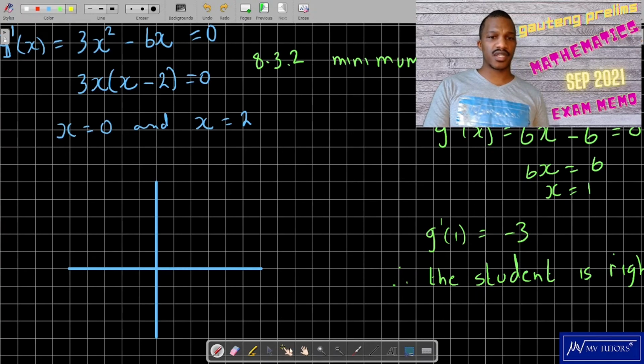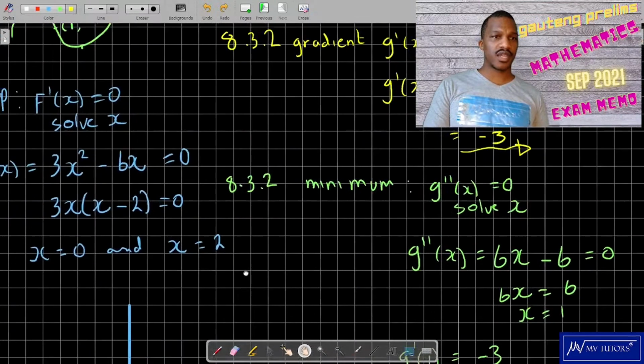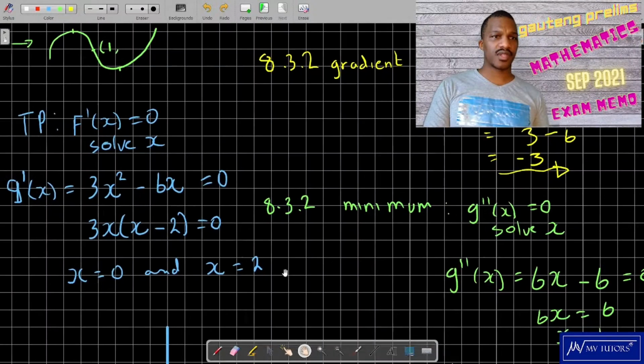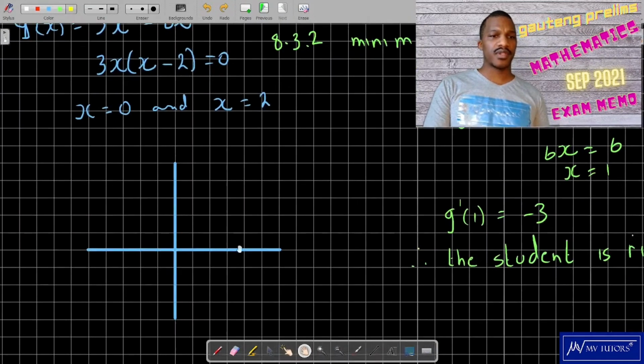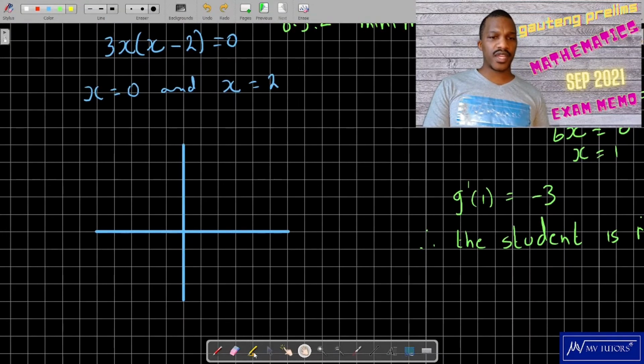So it's exactly like that, this green one I have here. So the graph is supposed to look like this, but I know that I have a turning point at 0.